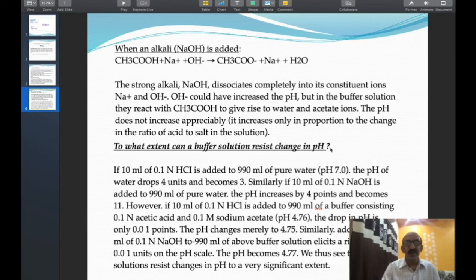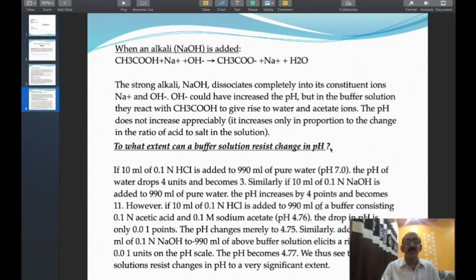After addition of alkali or acid, if there is only a slight increase or decrease in pH, then the buffer is said to be a very good or best buffer solution. To prepare such a buffer solution in the laboratory, we have to take the help of the Henderson-Hasselbalch equation. It is a very important equation, so in the next period we shall discuss it.